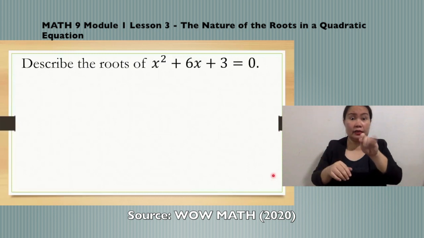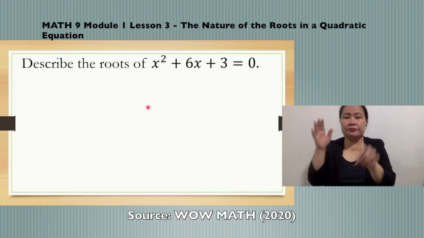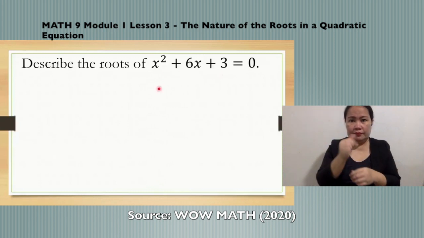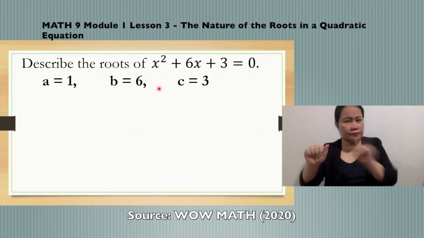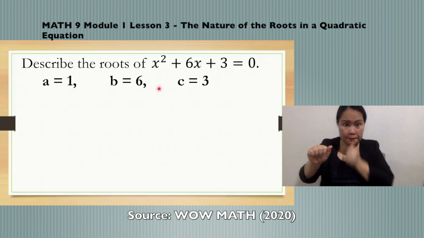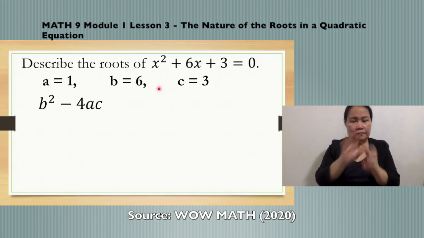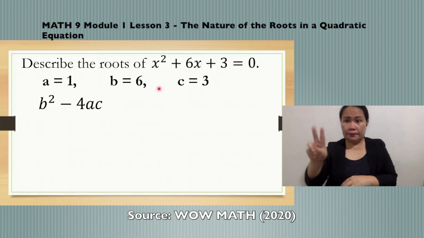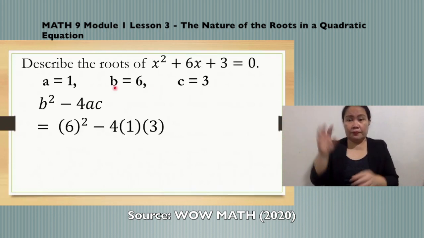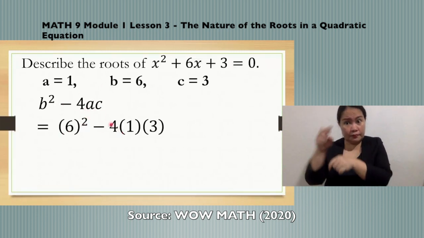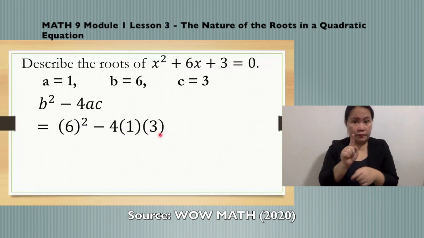Next. So describe the roots of x squared plus 6x plus 3 is equal to 0. So again, we will substitute. Ilalagay natin yung mga values natin dun sa discriminant, which is b squared minus 4ac. So I have here, our b is 6, so 6 squared minus 4. Our a is 1, c is 3.